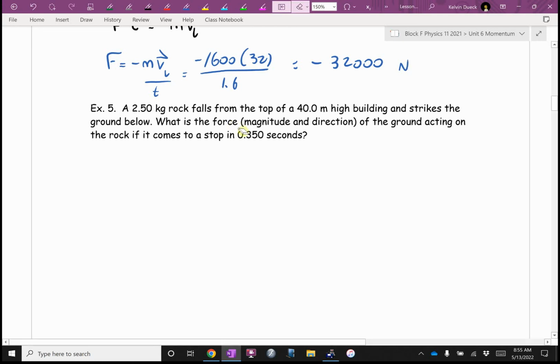They want me to find a force, although this time they said magnitude and direction, okay, from the ground. They gave me a time. I'm going to start out again going impulse equals impulse. Change in momentum equals change in momentum.